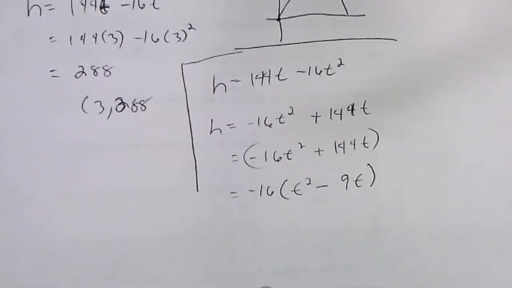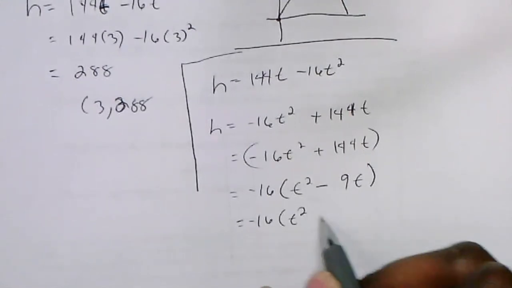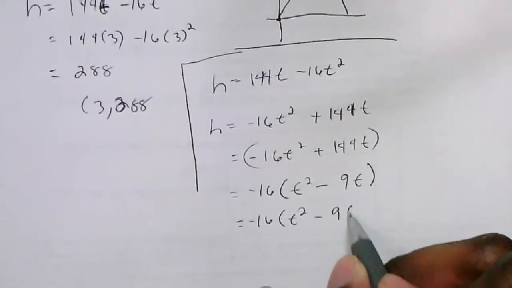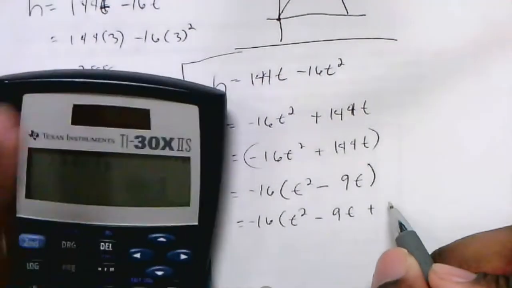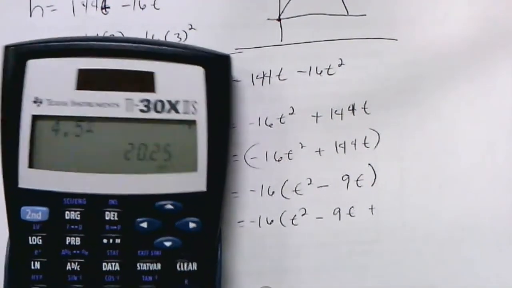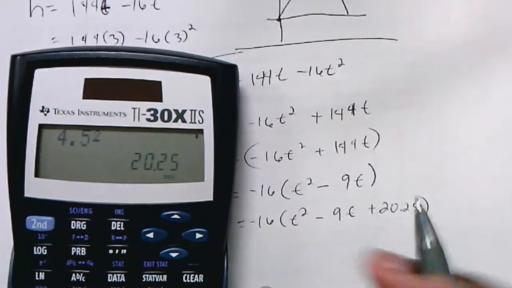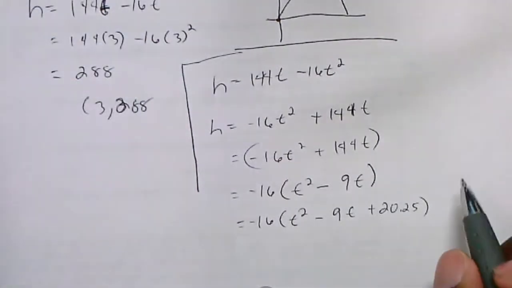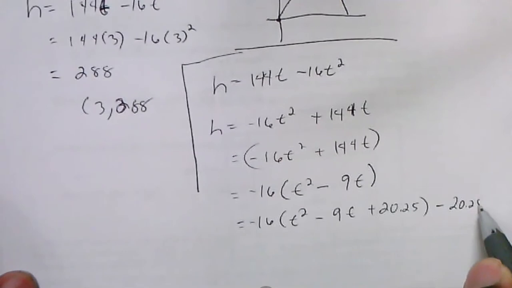To continue putting it in vertex form, you would take half of 9 and square it. So subtract 9t. Half of 9 is 4.5, so 4.5 squared, which gives you 20.25. That's your c value, and outside, you have to subtract c. So subtract 20.25 times negative 16.